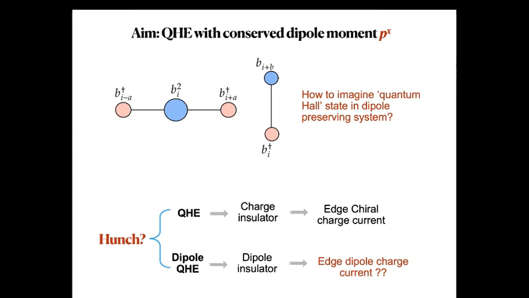A naive and intuitive hunch, which may not be correct, but let me just put it here, is that for a dipole version of the quantum Hall effect, in the bulk, both the dipole moment and the charge degrees of freedom are insulating, fully gapped. However, at the boundary, we can have a chiral dipole current.